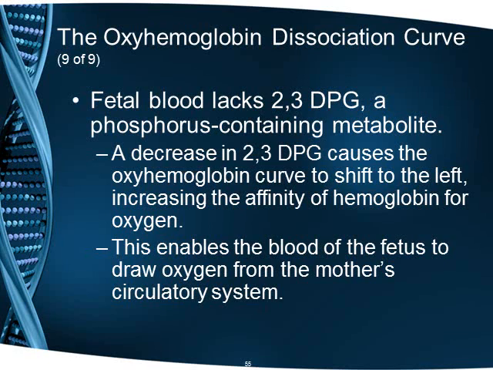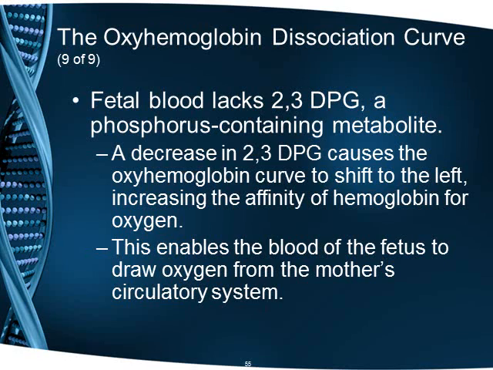Fetal blood lacks 2,3-DPG, and if you want to know what 2,3-DPG is and want to spell it all out, you can look it up. It is a molecule containing phosphorus, and its purpose is to allow us to release oxygen from the hemoglobin.